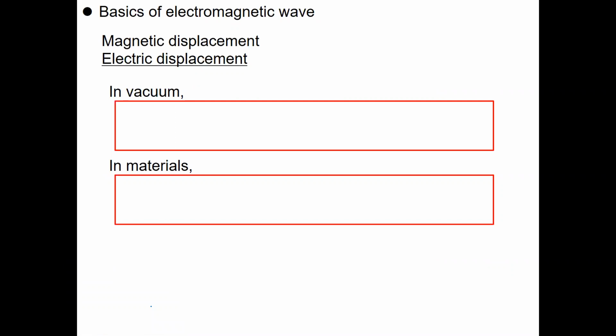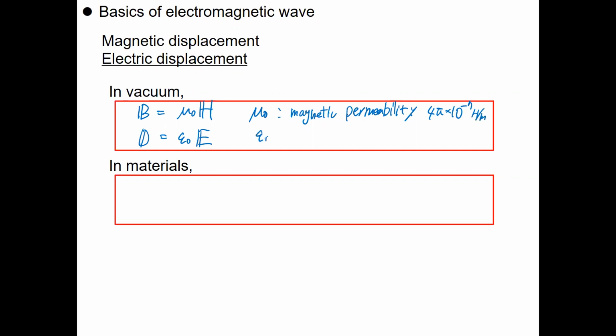In vacuum, B equals mu 0 H, and D equals epsilon 0 E. Mu 0 is the magnetic permeability, which is 4 pi times 10⁻⁷ henry per meter.